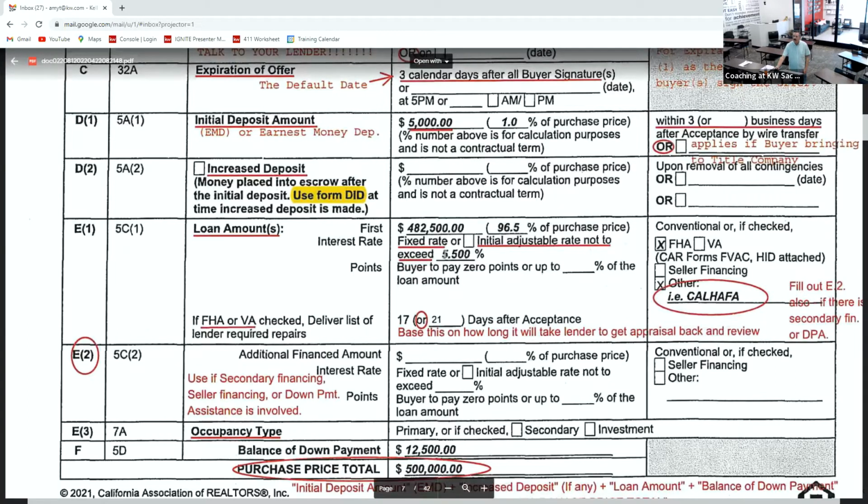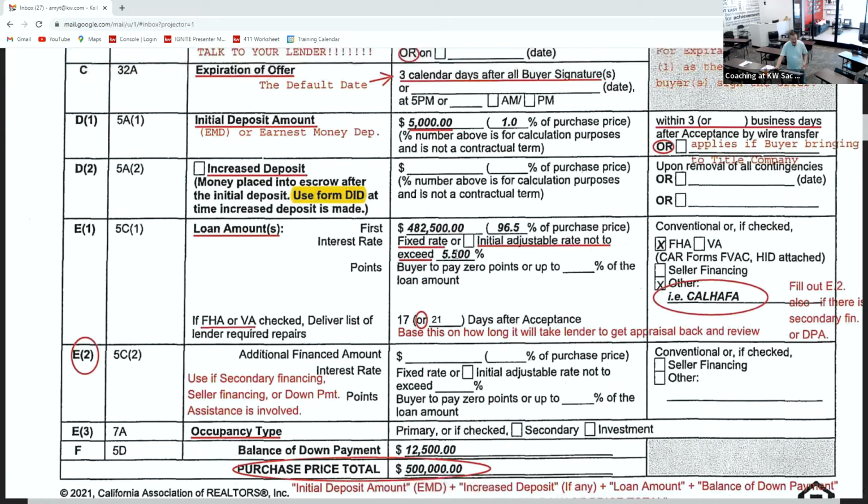But you want to put in the not to exceed amount, because that can be another way of your client being able to get out of the deal if the rates do jump up dramatically and they're kind of stuck in this loan. If they can't get a loan for less than this amount, they have a way of backing out.